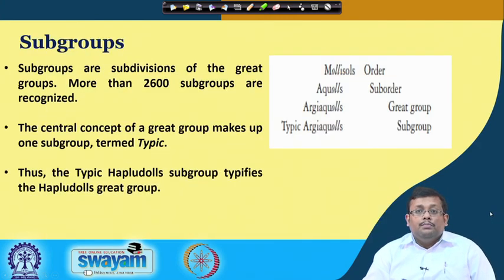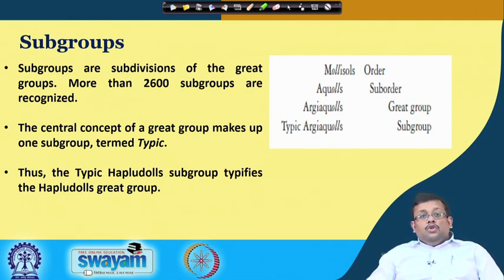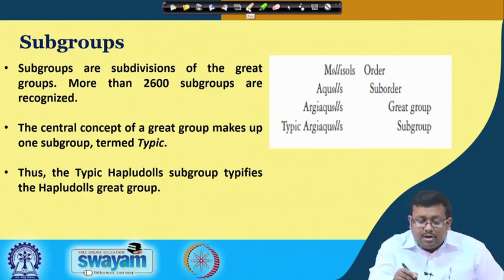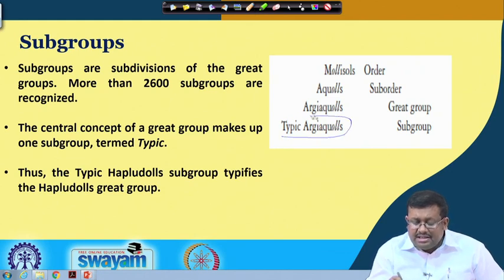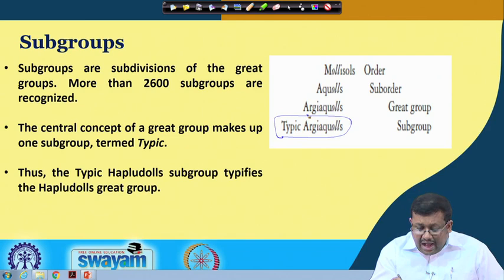Let us see subgroup. Subgroups are subdivisions of great groups, and more than 2600 subgroups are recognized so far, and the central concept of a great group makes one subgroup termed typic. For example, as you can see here, we have a subgroup called Typic Argiaquolls. Typic Argiaquolls typifies the Argiaquoll great group.